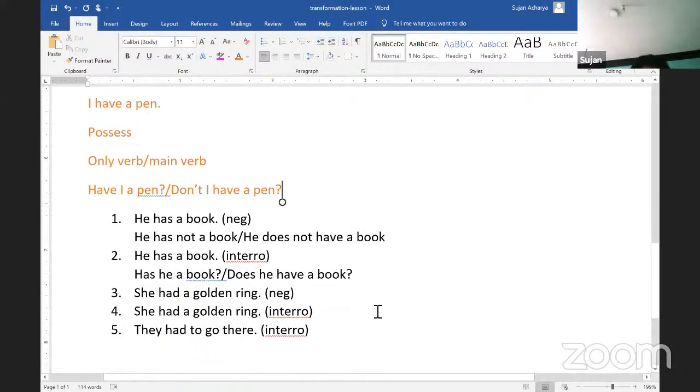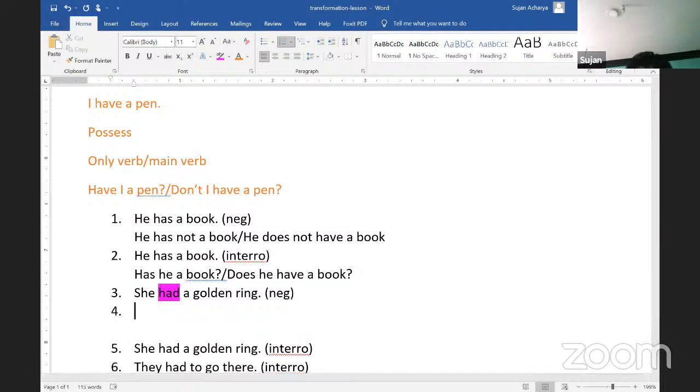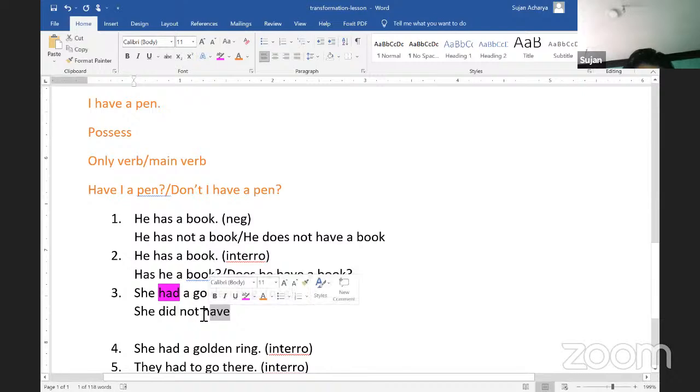She has a golden ring. Negative. Now, the presence of this had made the sentence past. It means it is in past tense: she had a golden ring. Now, how to make it negative? She did not have. Why have here?